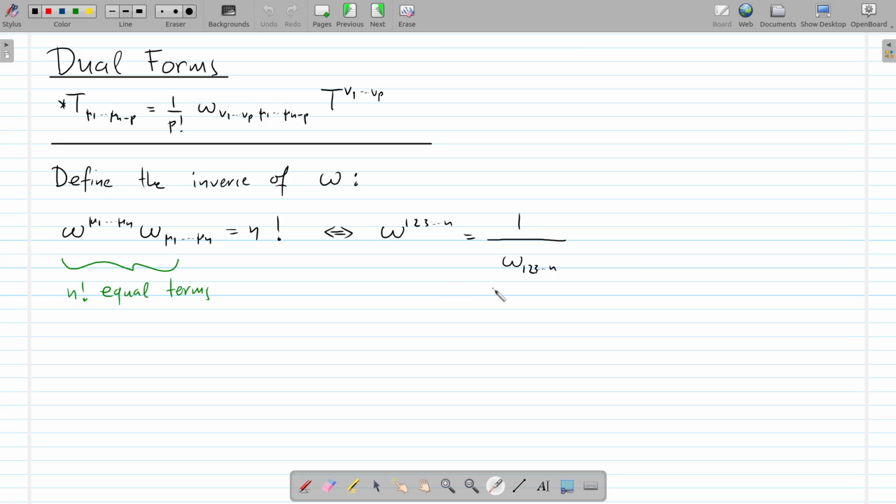So if we consider this nowhere vanishing component of the form omega, and we just pick the 1, 2, 3 through n component, we define an n vector whose only independent 1 through n component is the inverse of that of omega. And of course, if you contract the indices of those forms, because there are n factorial such terms, you will obtain n factorial, not just 1.